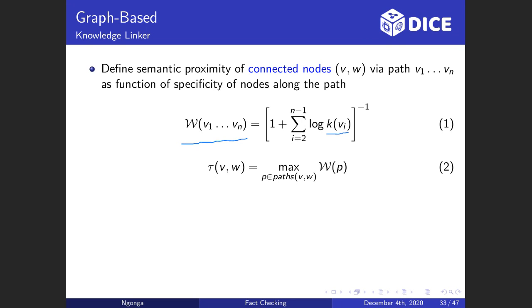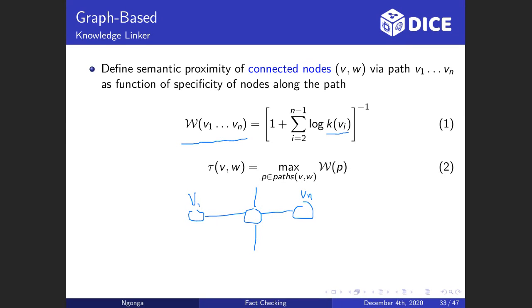So if I have a chain of nodes 1, 2, 3 with connections between them, I'm going to look at the degree of the nodes on the path between my V1 and my Vn, sum up the log of these degrees, take 1 plus the sum and take the inverse thereof. I.e. the more degrees you have between the two nodes, the less likely they are to be really related to each other.